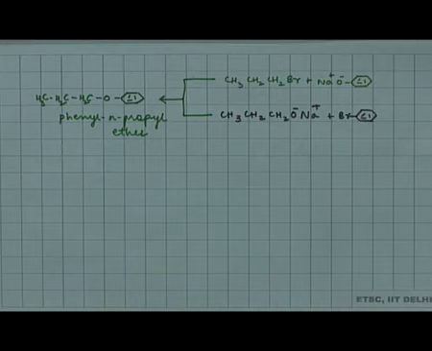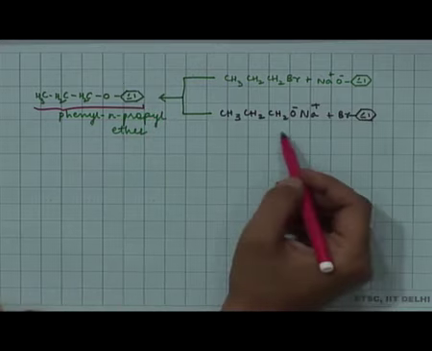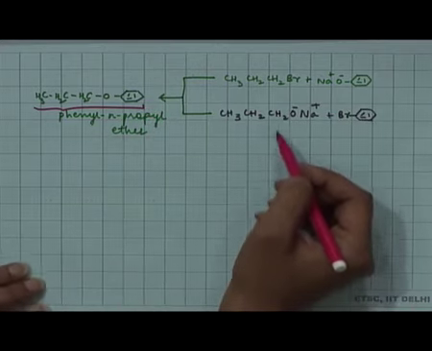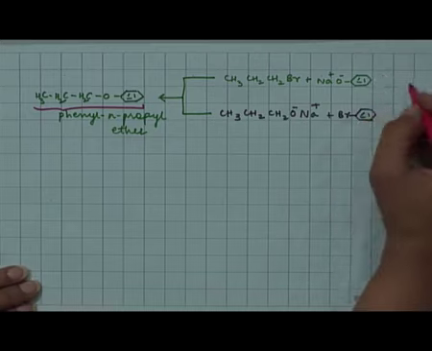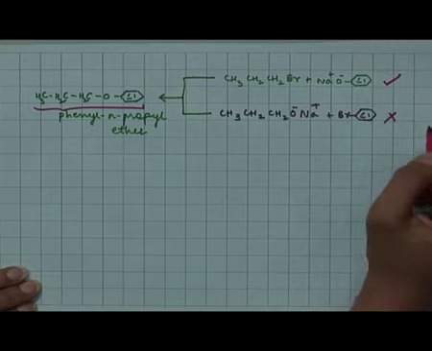So, two routes are possible to arrive at this product. So, the question is, which is the combination of substrates that one will choose over the other. So, I put a tick here that this reaction is feasible, but this reaction is not feasible.